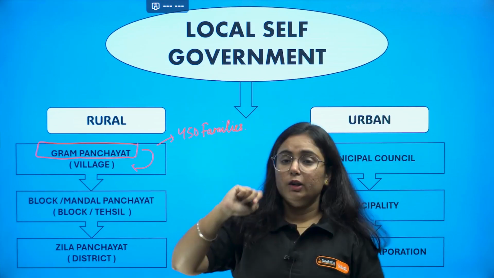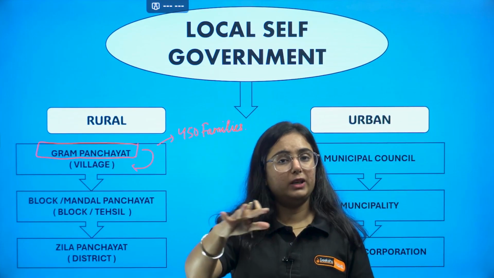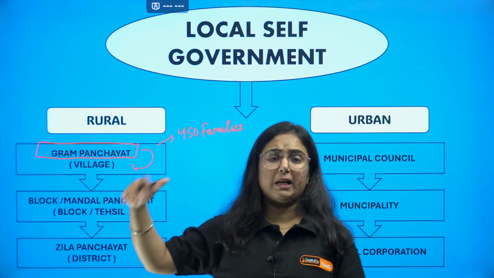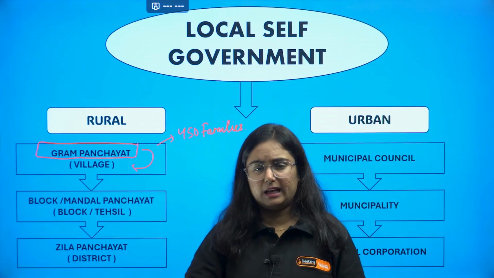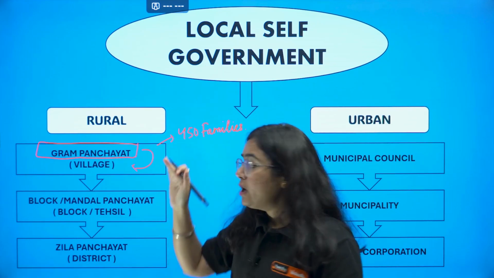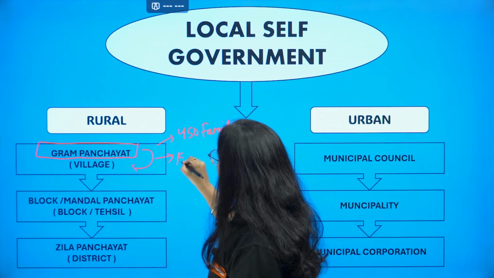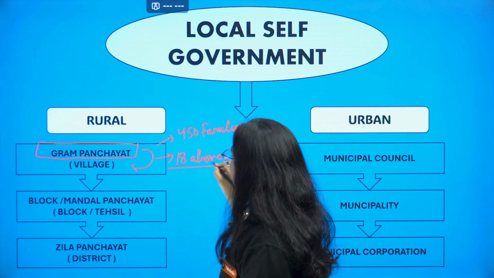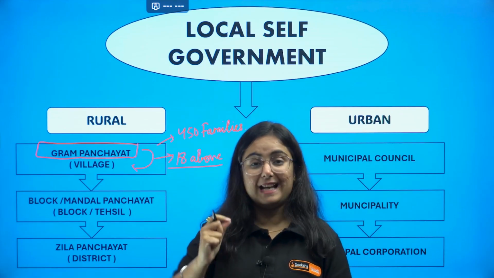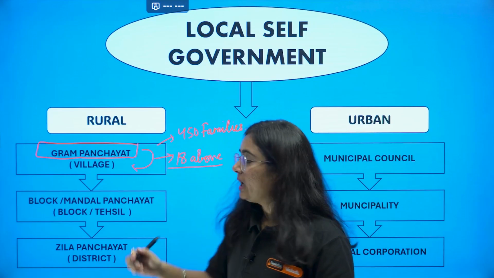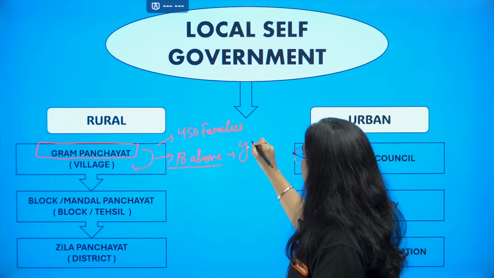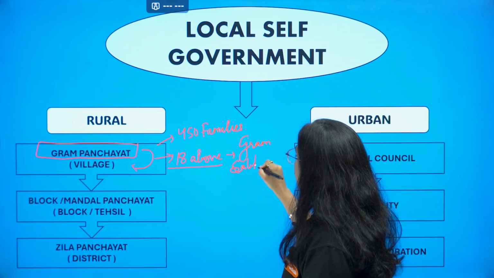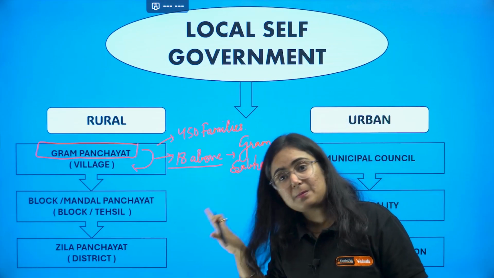There might be people who are aged, children, and the working population. The population which is 18 and above, that means eligible for voting, will be referred to as the Gram Sabha.